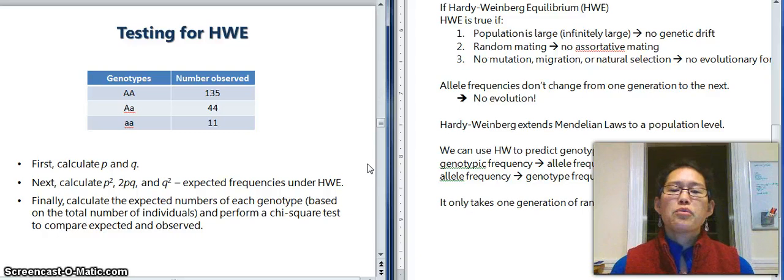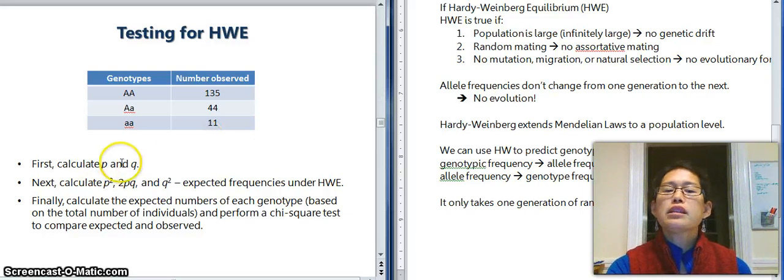So if we want to know if one particular locus in our population is under Hardy-Weinberg equilibrium, there's a certain approach that we can use. Let's say we have these observed genotypes. We can calculate P and Q from these, like we did before.